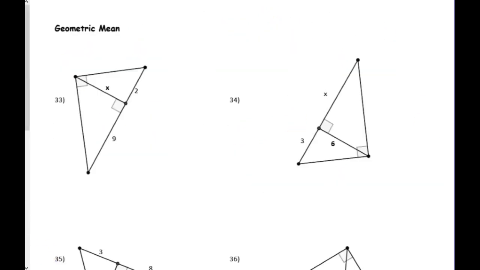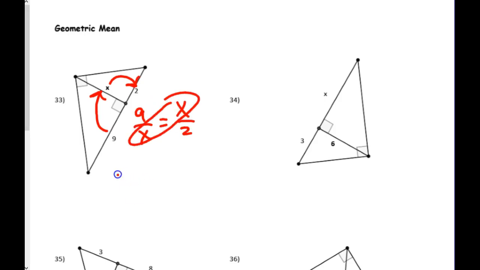So there's that. Last page is geometric mean. So let's remember, we can make this into 2 similar triangles, and we can just make 2 fractions. So this over this equals this over this. So 9 over x equals x over 2.